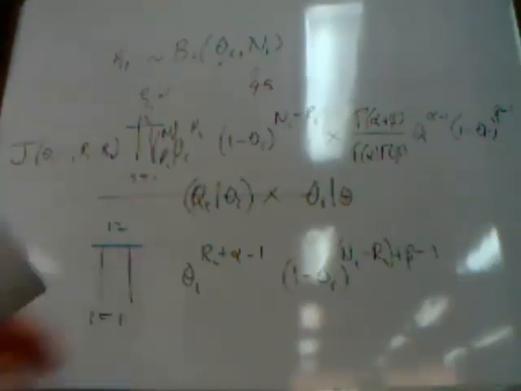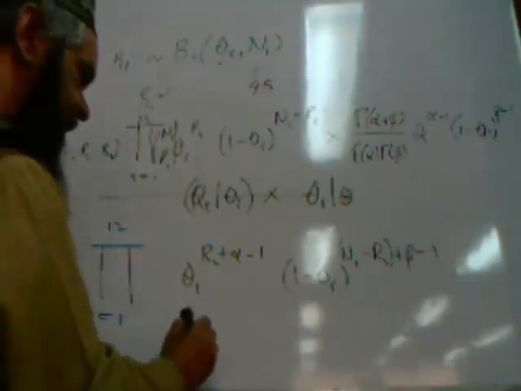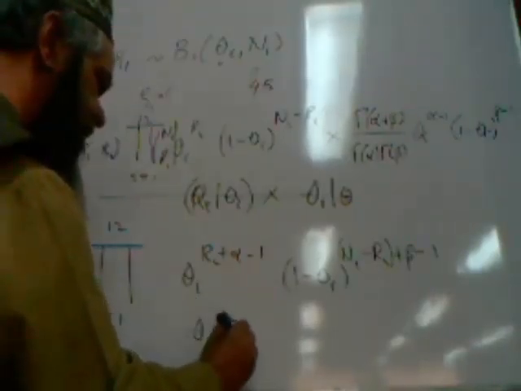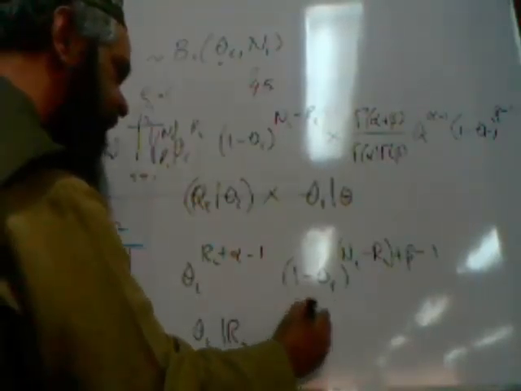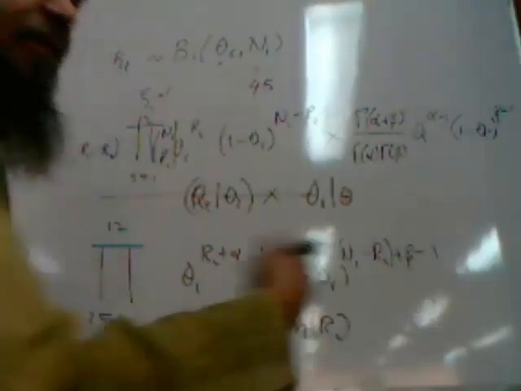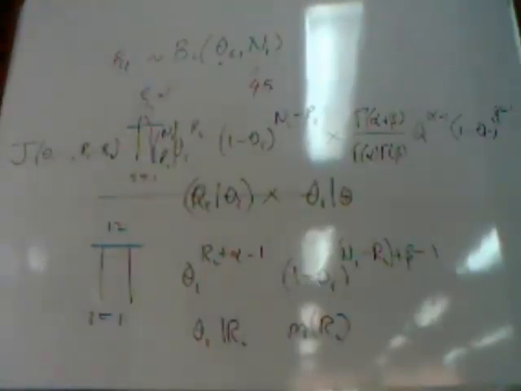This is the density of the theta I given Ri, and then there is the marginal density of Ri, which is left, which I have ignored. And if you keep track of the constants, then you can get the marginal density of Ri.